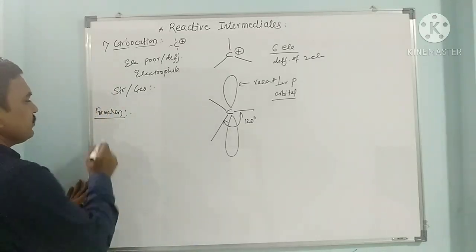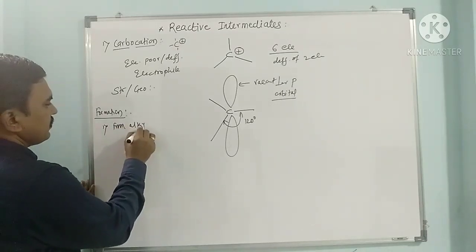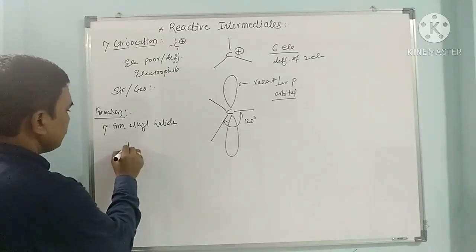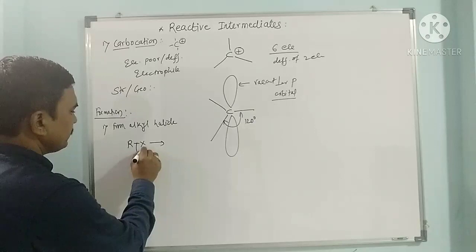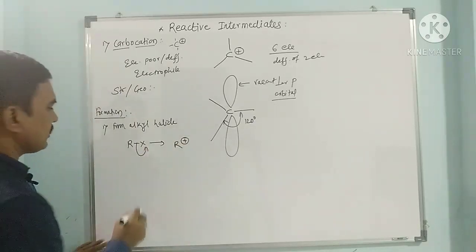Now I have to see only 2 ways. One is from alkyl halide. Here R X, when X detaches from R, we get R plus. So this is the carbocation.